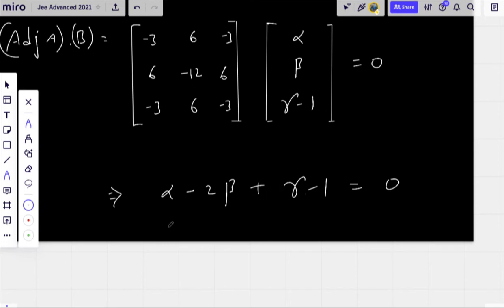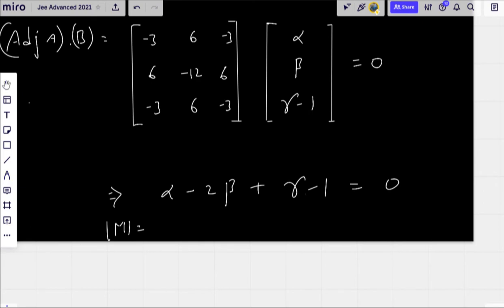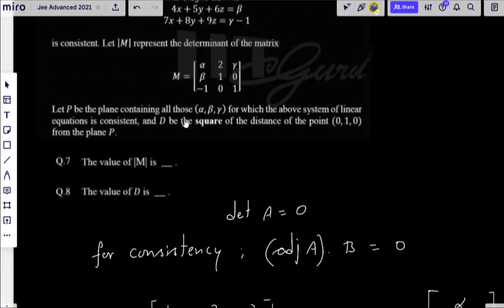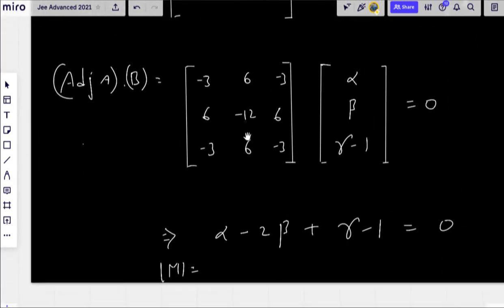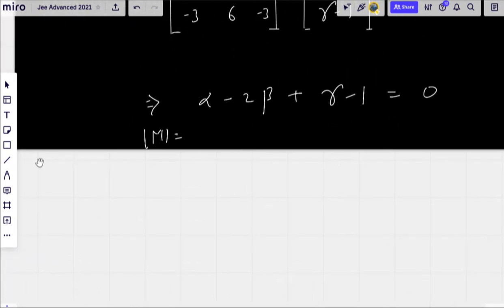And here you say mod of M will be, and what is mod of M? If you solve this mod of M, means the determinant of the matrix given over here, you will find alpha minus 2 beta plus gamma minus 1. So that is what we have over here, alpha minus 2 beta plus gamma minus 1.